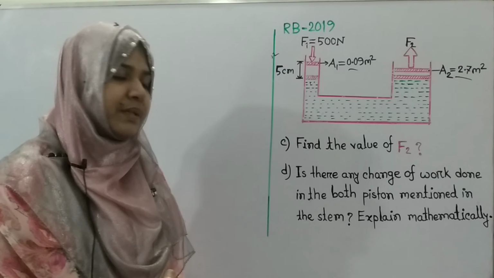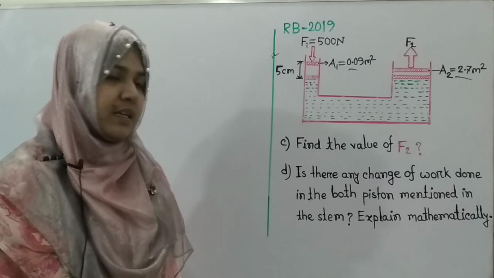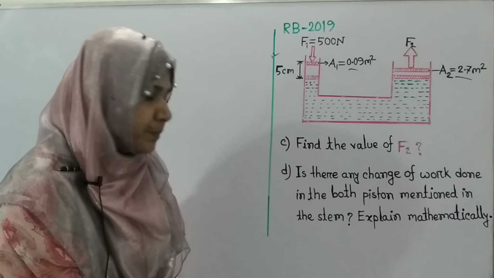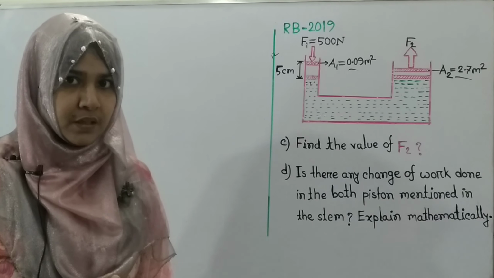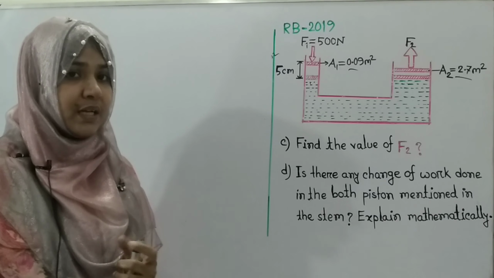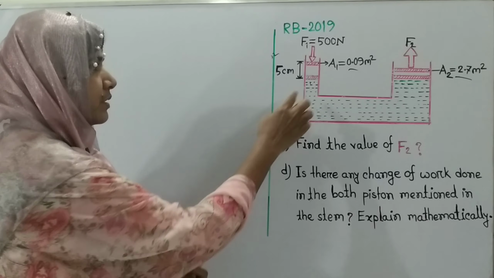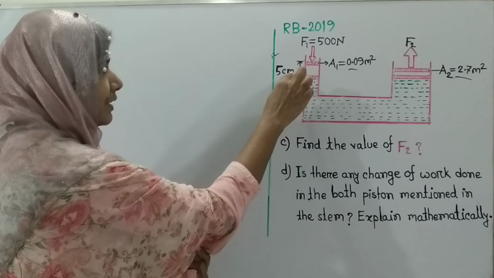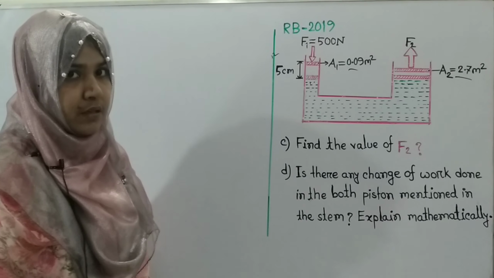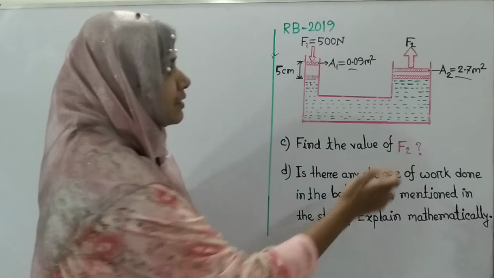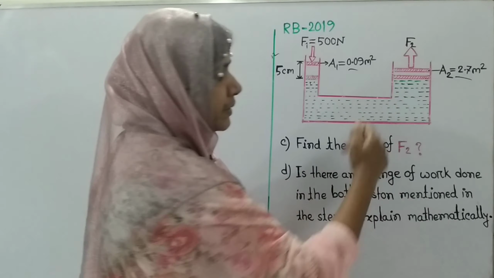Now question number D: is there any change of work done in the both pistons mentioned in the stem? Explain mathematically. That means we have to calculate the work done of piston A. Here you can see that the displacement for the piston A is given, 5 cm. So firstly we have to calculate the displacement of the larger piston.